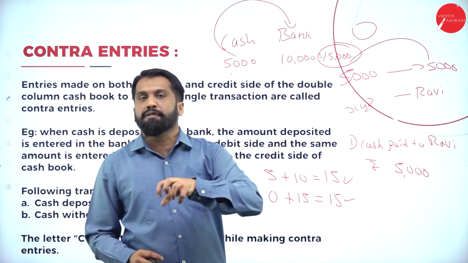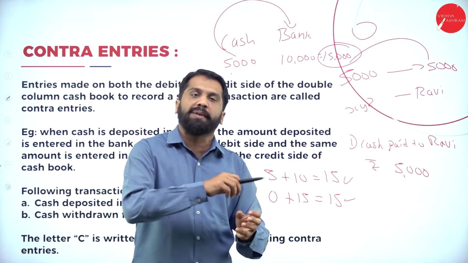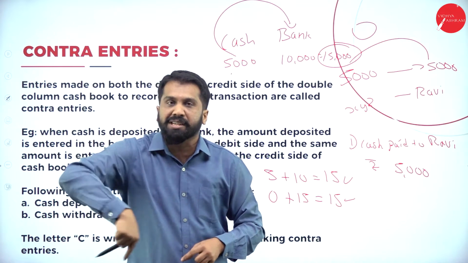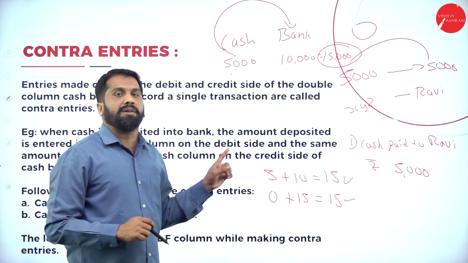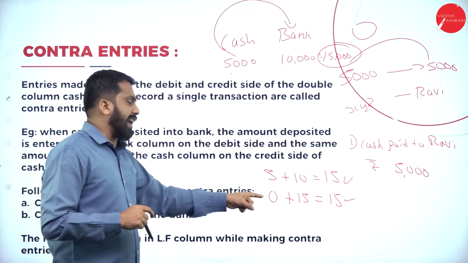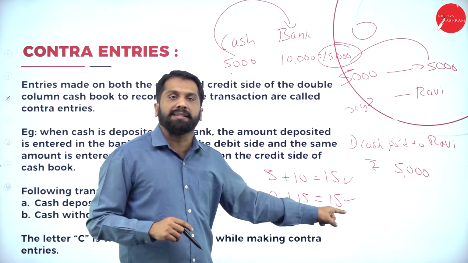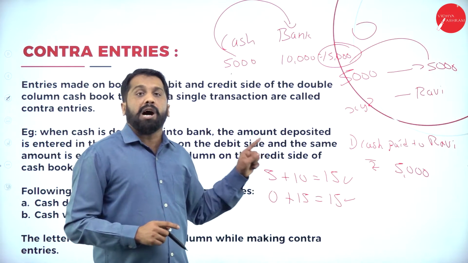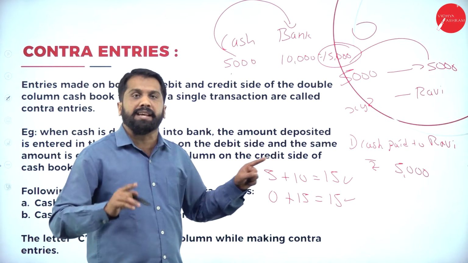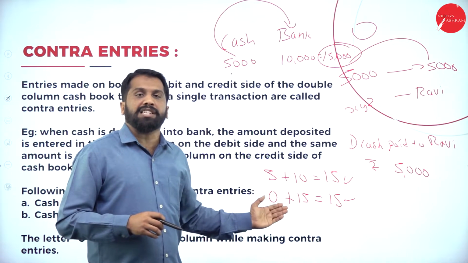If you withdraw from bank for your use, if you deposit from cash to bank, whatever you do within yourself, we call it contra. Clear? Any doubt? There is a change in cash balance, but there is no change in total balance. Clear? Because an outsider is not taking the cash, it is within yourself only. It was in the cash format.